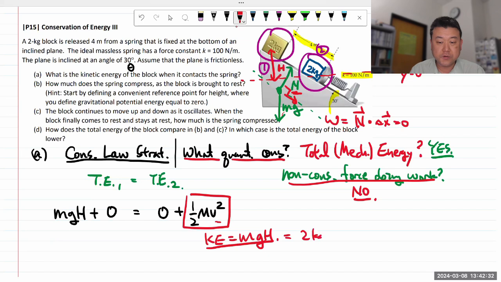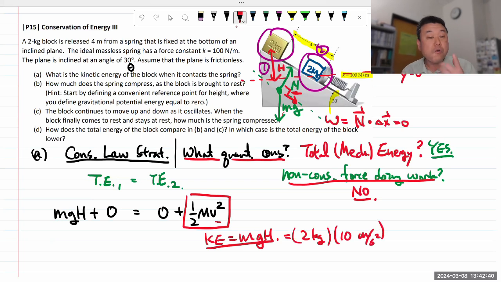And I think you've got all the numbers to plug in. Mass is 2 kilograms. G, let me use the approximate value 10 meters per second squared so that I can do this calculation without a calculator. Oh, you're not quite done because if you try to look up h, that's not given anywhere. This 4 meters that they gave you, that's the hypotenuse, that's not the height. So you actually have to write out, consider this triangle.